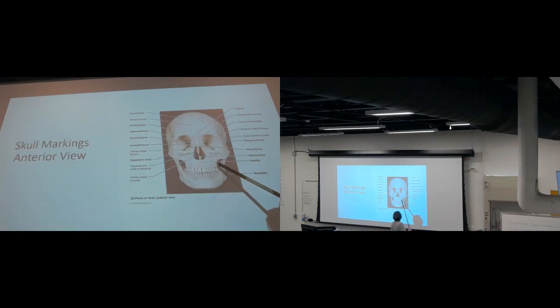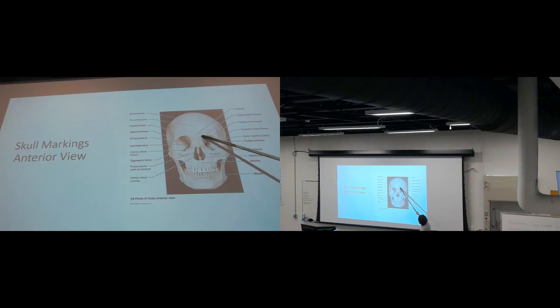So now, this is the anterior view of our facial bones and skull bones. For the frontal, this medial part of the frontal between the eyebrows is called the glabella. This is a marking of the frontal. And then part of the frontal will be the supraorbital foramen.